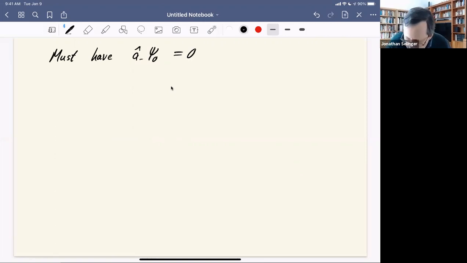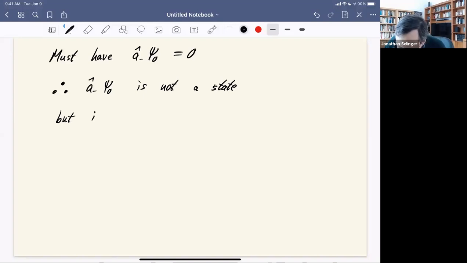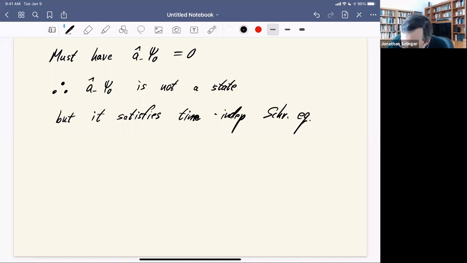So in that case, A minus psi zero is not a state, but it does satisfy the time independent Schrodinger equation in a trivial way.